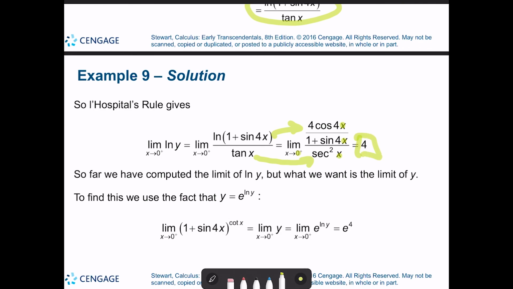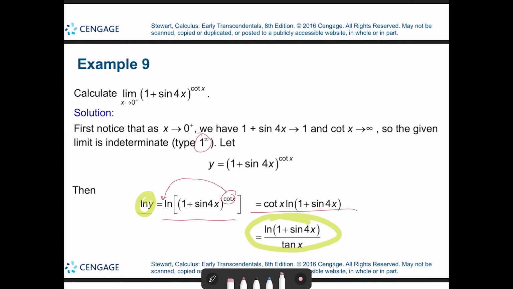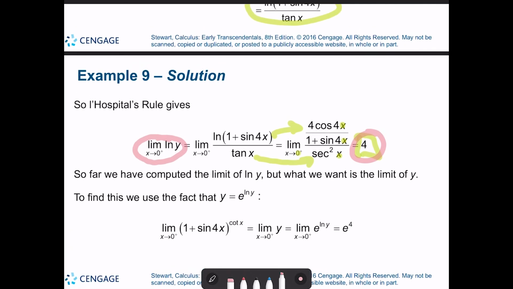But be careful, because it was the limit as x approaches 0 from the right of the natural log of y that was equal to 4. We want to know what's the limit as x approaches 0 from the right of y, not the natural log of y. So how do we fix that?